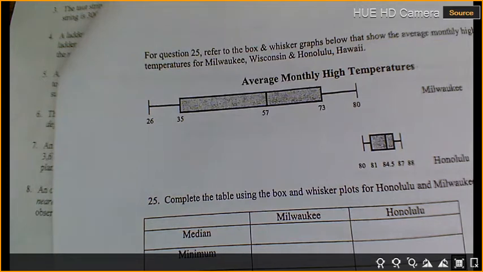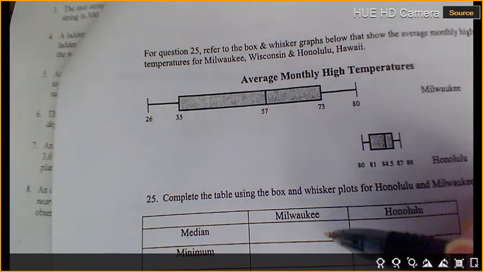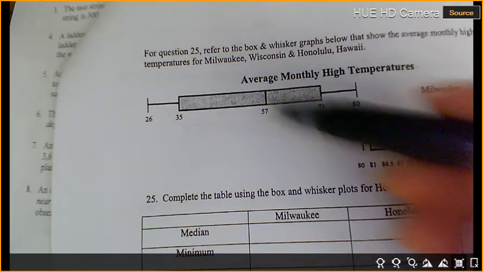We're going to complete the table using the box and whiskers for Honolulu and Milwaukee. We're going to figure out each of these parts. This is the average monthly high temperature for Milwaukee, Wisconsin, and Honolulu. Median for Milwaukee is how much? 57.